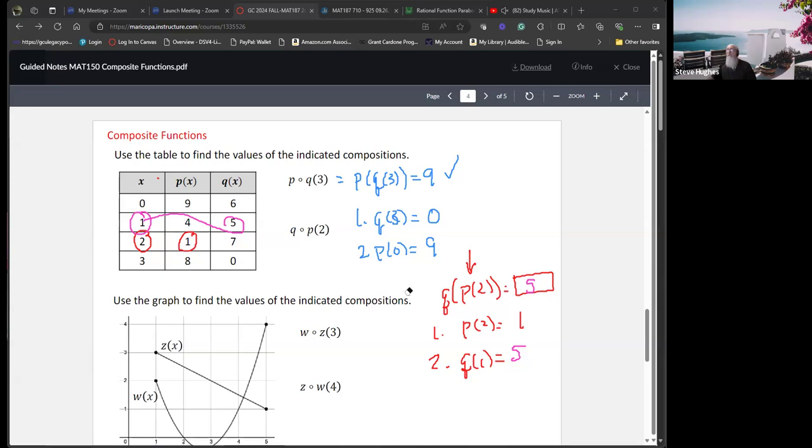All right, so let's write it out step by step.